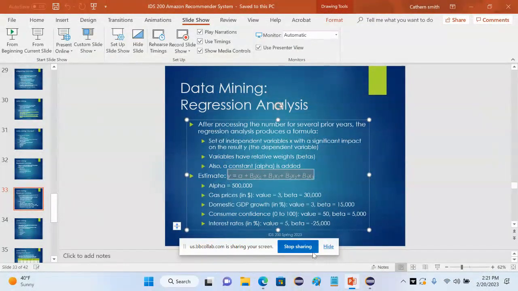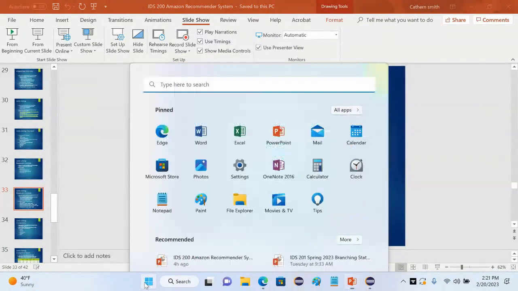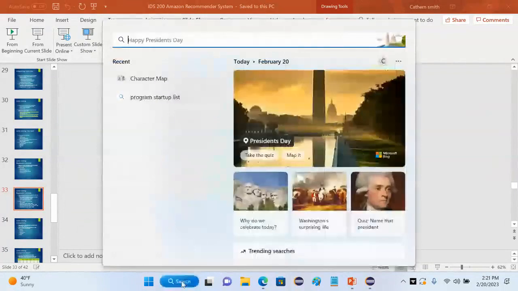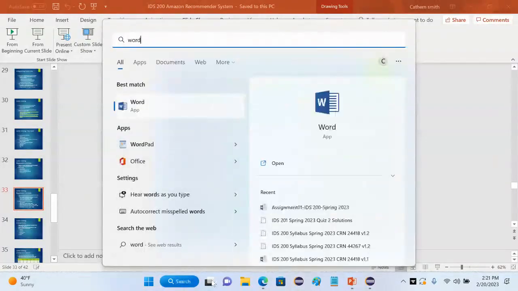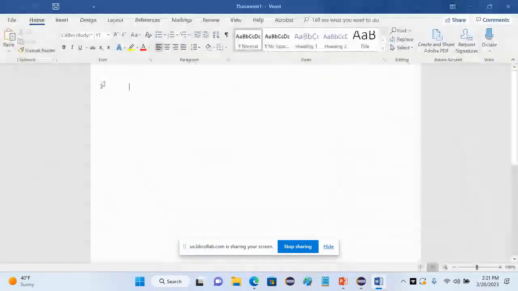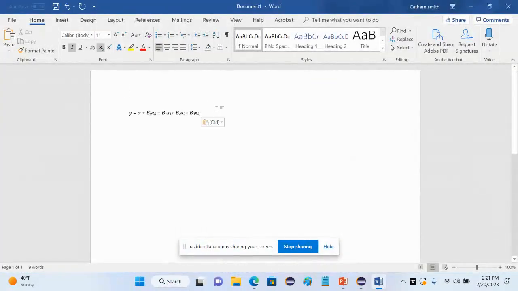I'm going to put this in Word. Just a second. If I can find Word, I should be able to find Word. An average person would be able to find Word. I know, it's got to be here. So what the hell? I don't like Windows 11. I'm still getting used to it. All right. I know. Okay, good. So this is what I wanted to do, and I'm going to put this in Paint.